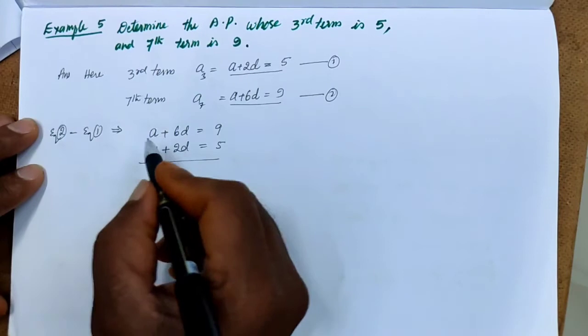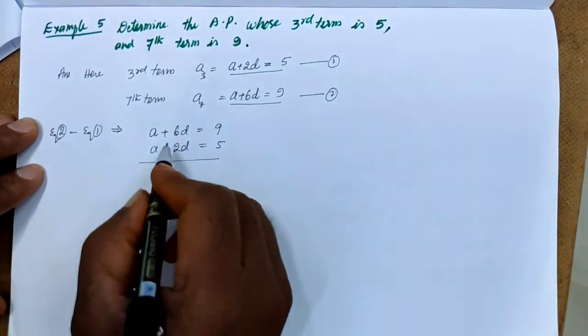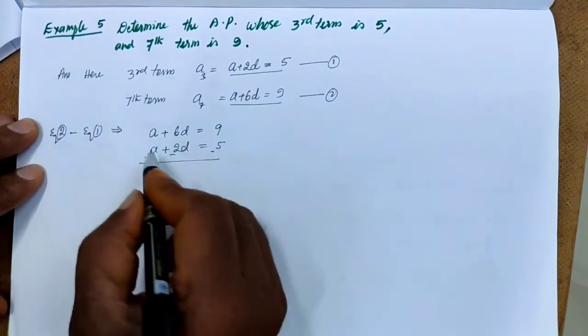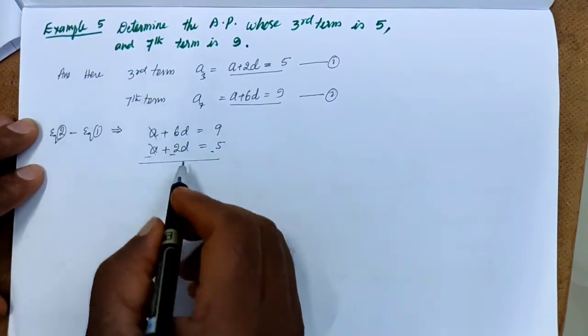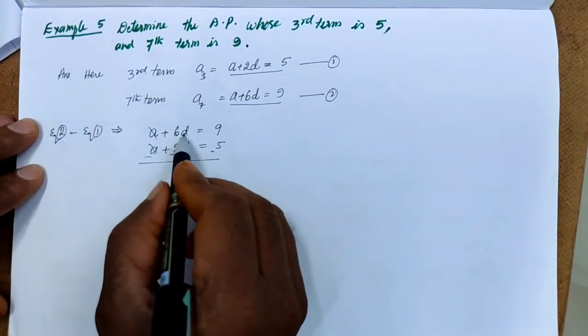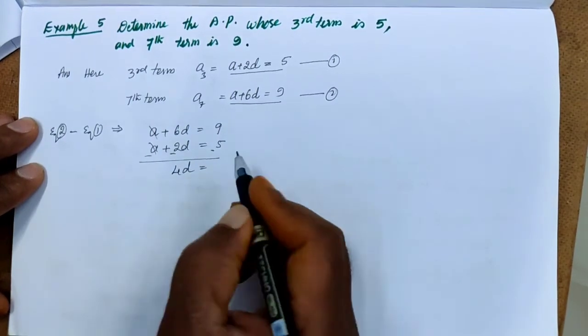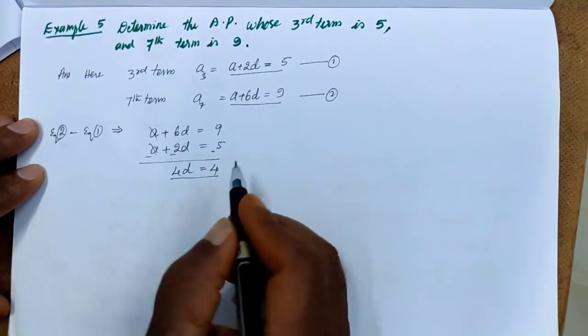When we subtract, change the sign. Now a minus a gets cancelled. Now 6d minus 2d is 4d, and 9 minus 5 is equal to 4.